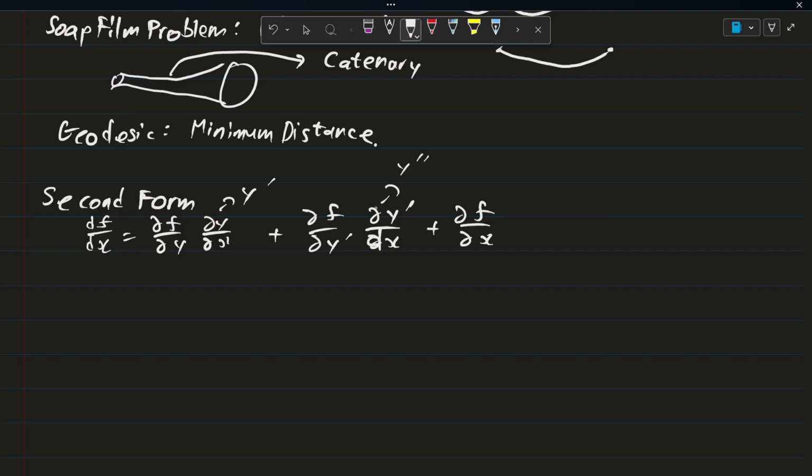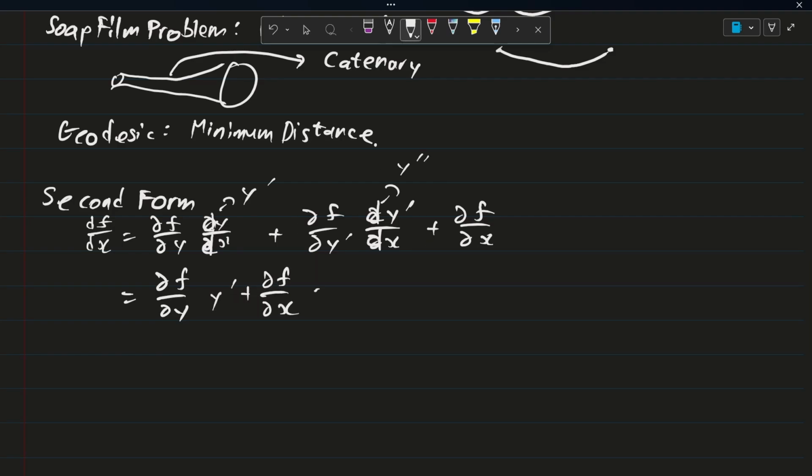Technically, all of these are d, because our function is just a function of x. So it's totally fine. Now if we write this down again, this is partial f over partial y times y prime plus partial f over partial x.